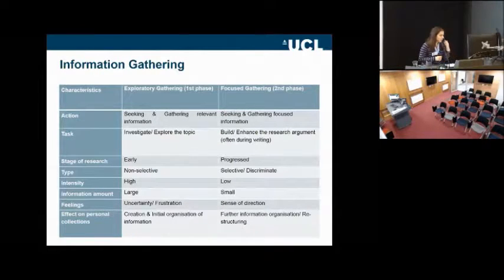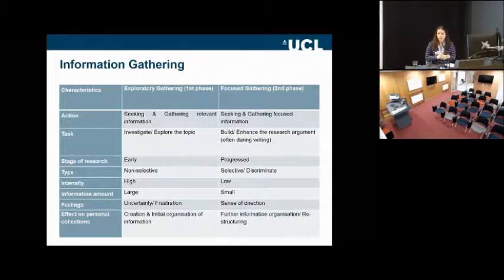The interesting aspect in the behavior of art historians is that while Kuhlthau generally includes the gathering phase in the second phase, the focused gathering, art historians started to gather this information really early in the research process, and this is due to reasons of access. Sometimes when they find something that they consider relevant, they just feel that they have to gather it, so they gather as much as possible at a very early stage.